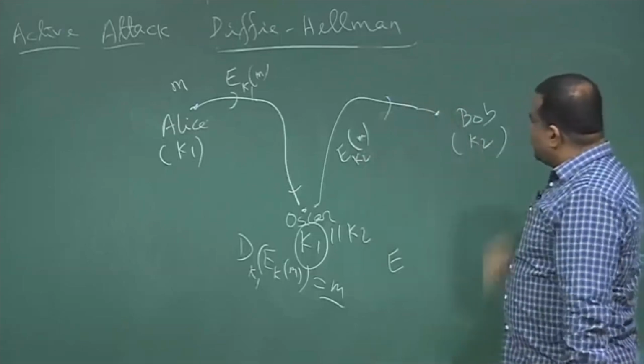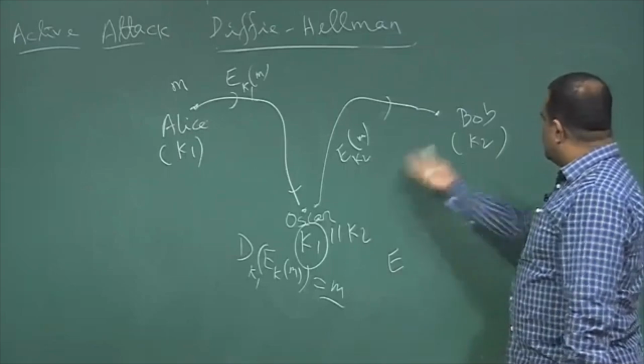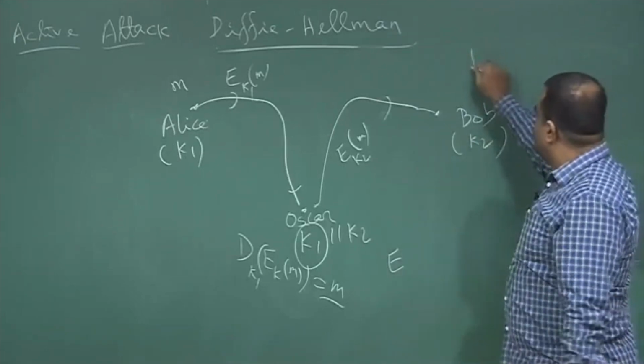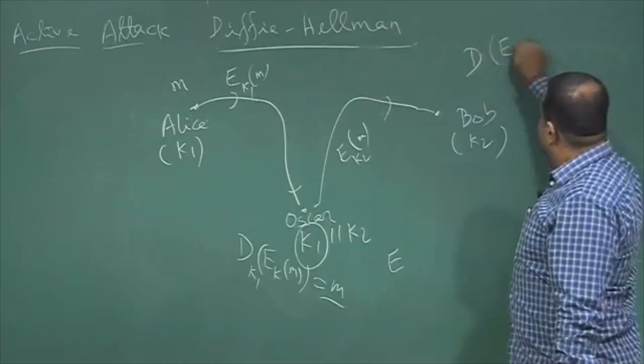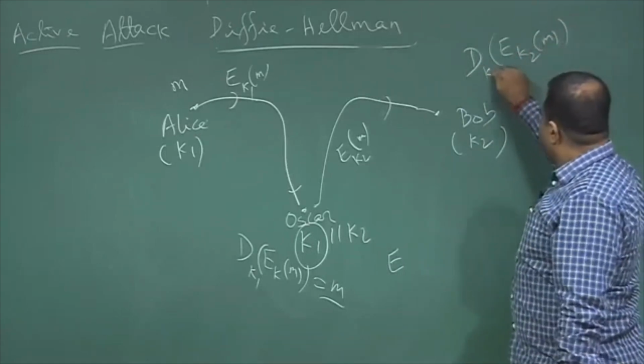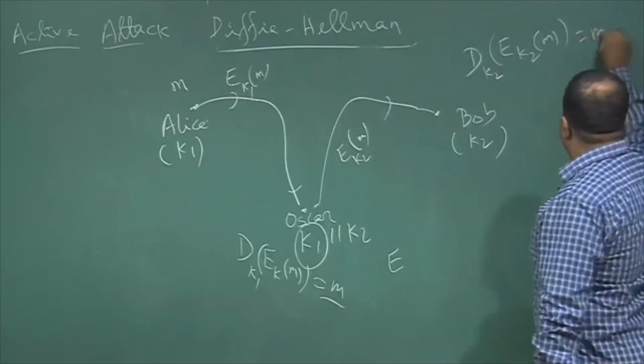Now, Bob has k2. Bob thinks this message is coming from Alice with the same key they have shared. So, what will Bob do? Bob will decrypt it using k2, and Bob will get back the message.